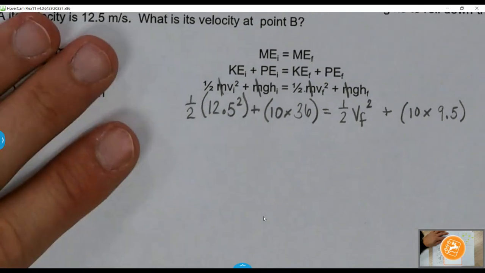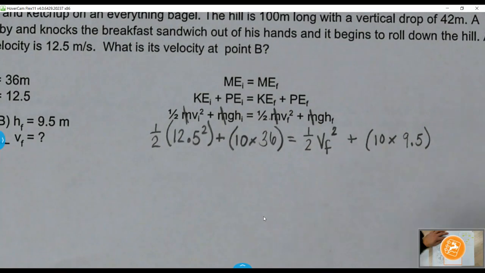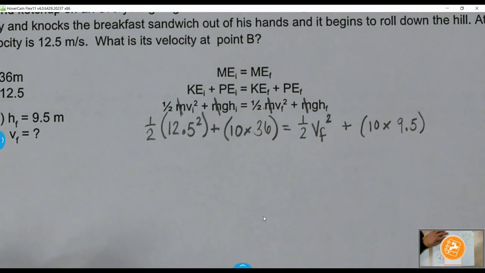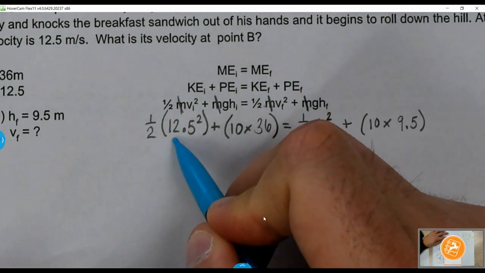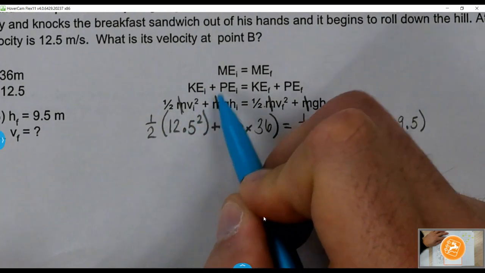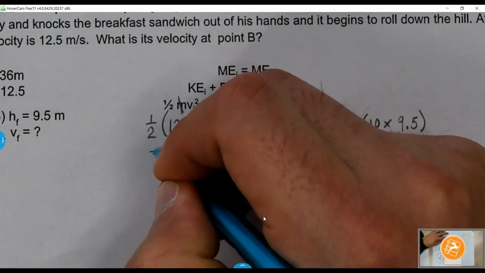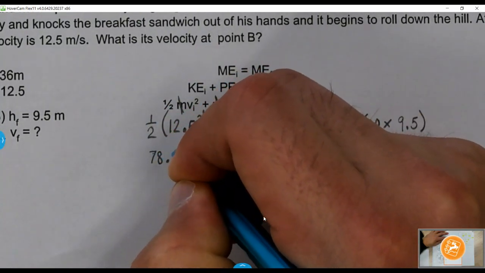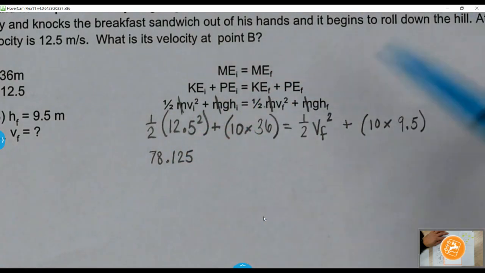Okay, so now we have all of our numbers. We have all of our information embedded here. And now, guys, it just comes down to simplifying and doing the math. In your calculator, you would do 12.5 squared, and then divide that by 2. That comes out to be 78.125.